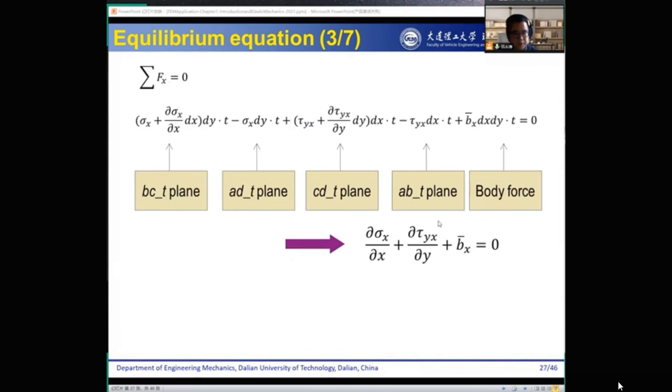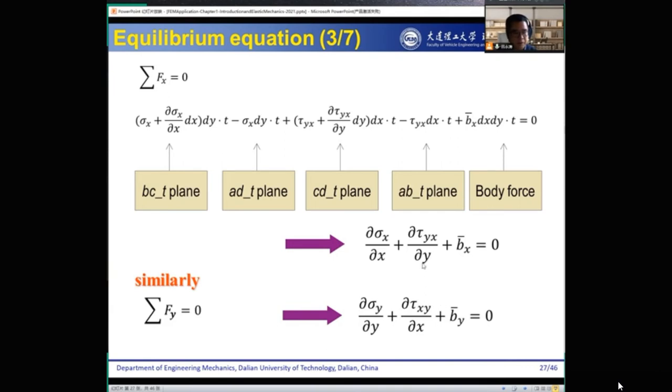And then if we do the mathematics, we get this equation. This is a very important equation. It sets up the relationship between the normal stress, shear stress, and the body force. Similarly, we use the condition that all the force in the y direction should be 0, then we get the second equilibrium equation.